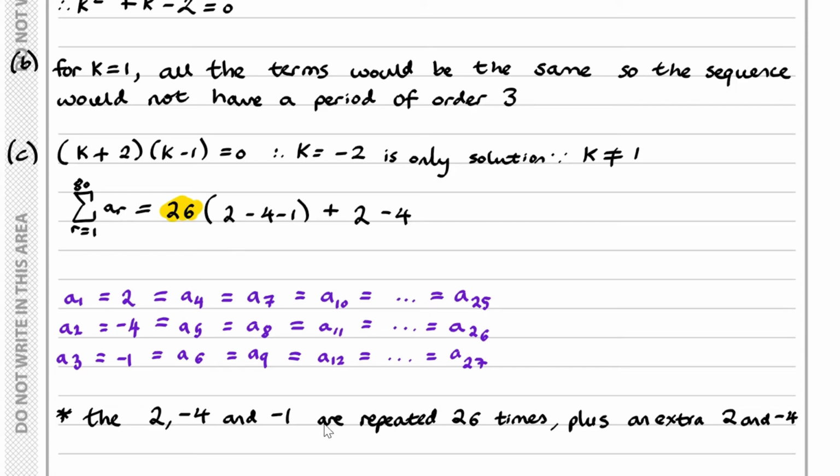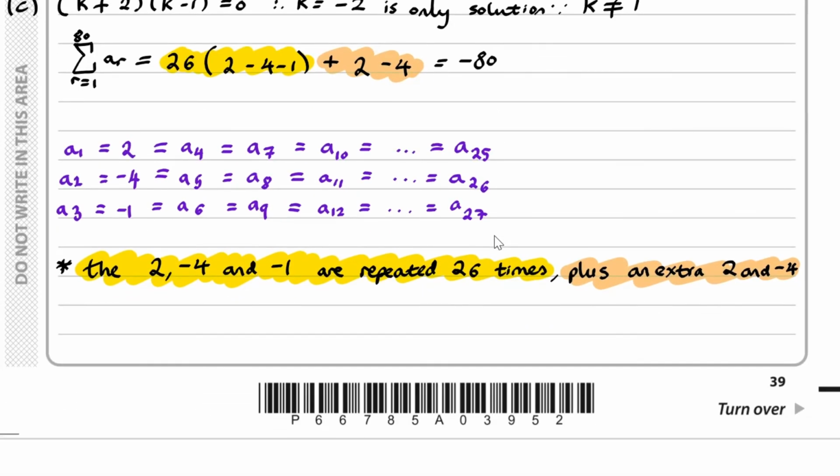We have 26 lots of this, which indicates that the 2, the minus 4 and the minus 1 are repeated 26 times. And then we've got this extra 2 and this extra minus 4. And if we work all of that out, it turns out we get minus 80. So therefore, the sum from r equals 1 to r equals 80 of a_r, that's equal to minus 80.